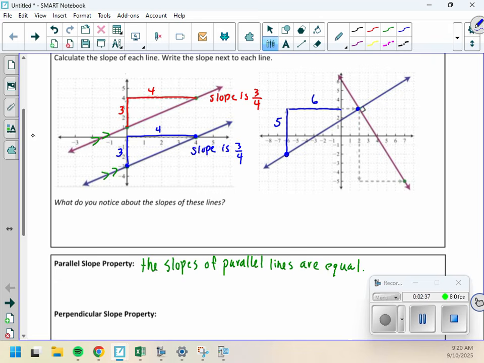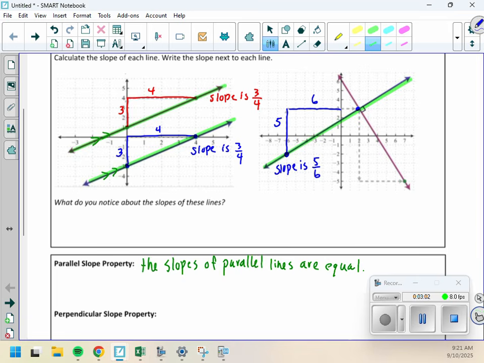So if you pay attention here, look at this green mark. This slope is positive. This slope is positive. This slope is positive. They all run in the exact same direction. As opposed to this slope, which should not be positive, this slope should be negative. So you'll notice on this line, they give us this point again and this point down here.